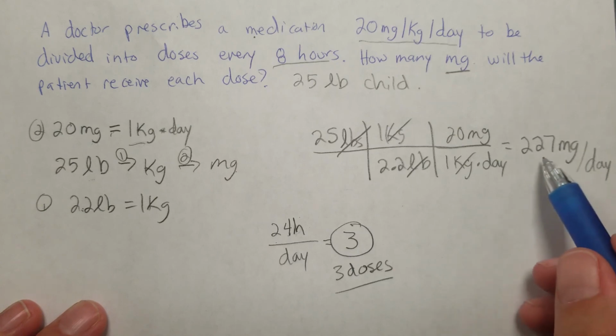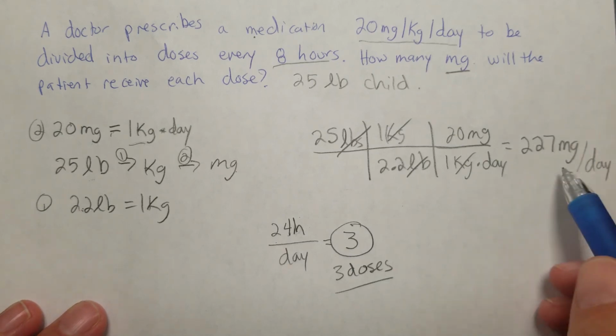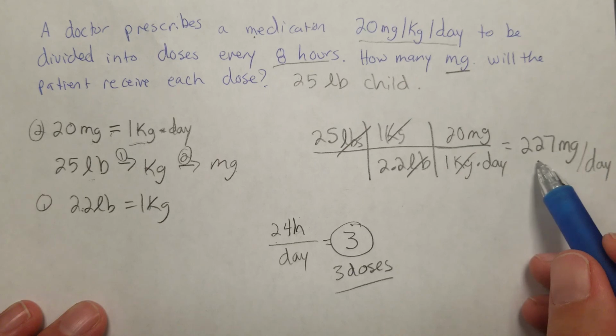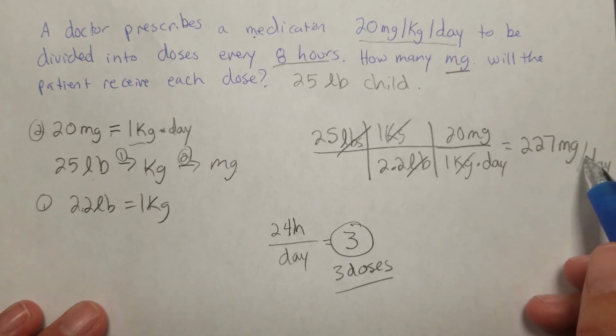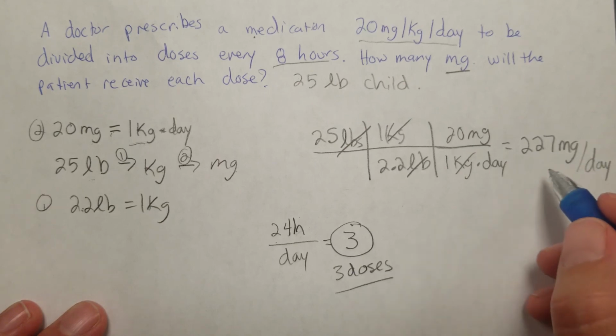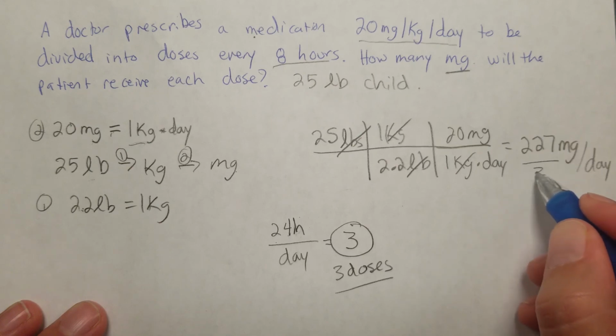Well, I have 227 milligrams per day, but I'm going to separate that into 3 separate doses. So to figure out how much every dose, I'm going to divide the milligrams by 3.